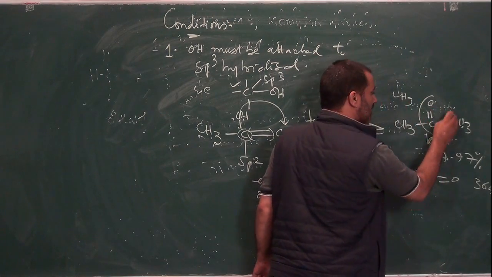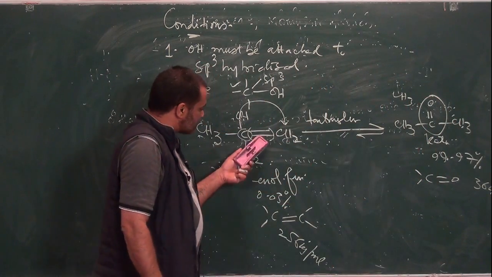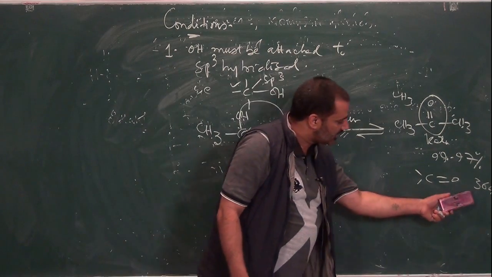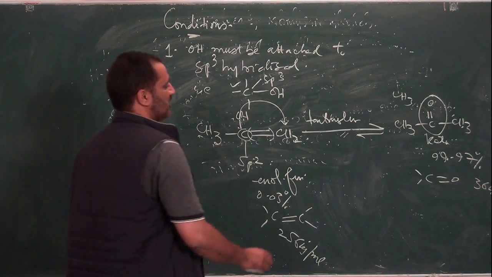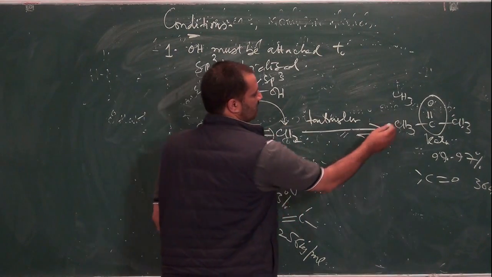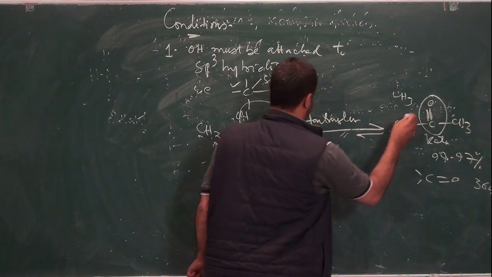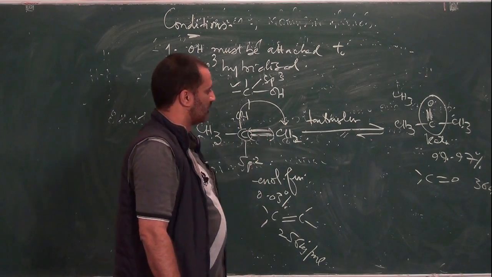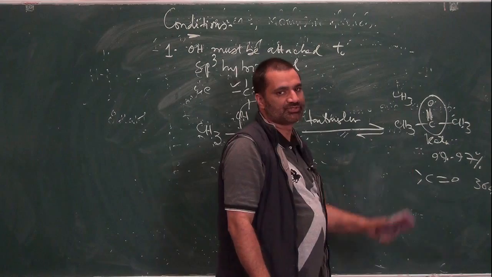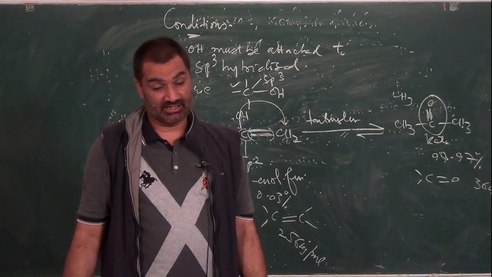So this bond is stronger than the carbon-carbon double bond by about 110 kilojoules per mole. It's a stronger bond, so this bond is formed at the cost of breaking the carbon-carbon double bond. So this form is more stable.